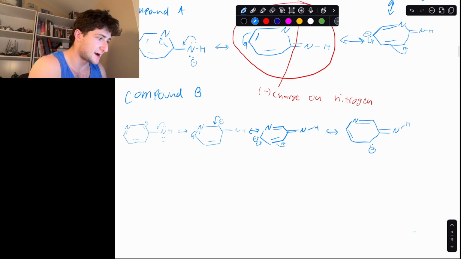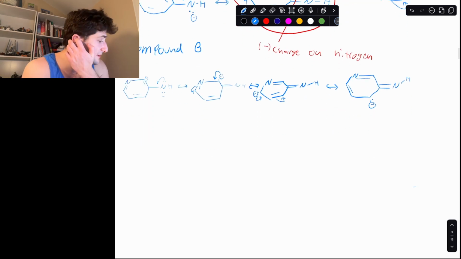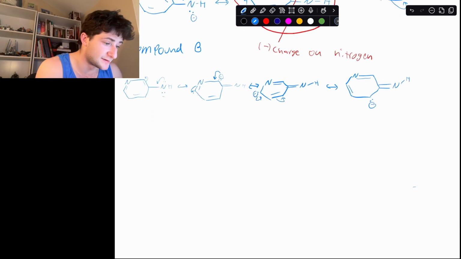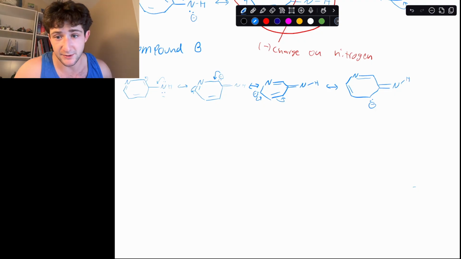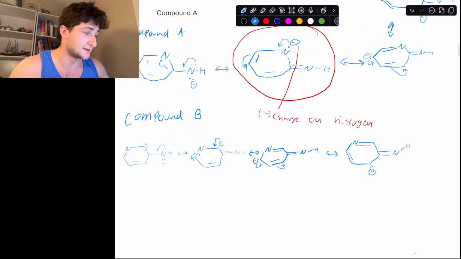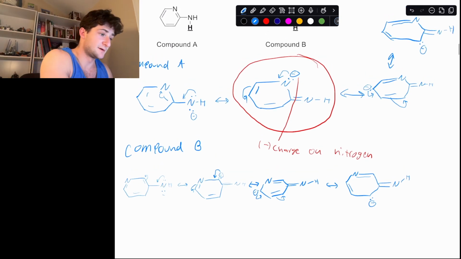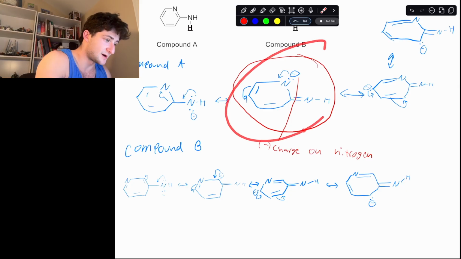If you notice, in compound B, the negatives are only ever on carbons. So that's how we know this guy over here is the more electronegative because of that.